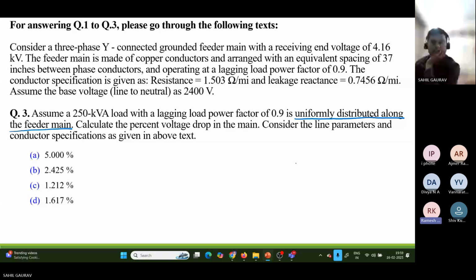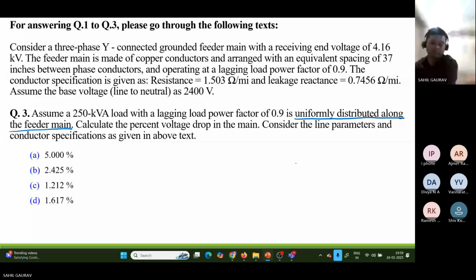L by 2. Yes, this is L by 2 because the load is uniformly distributed. And in the previous question, it was a lumped load, so we do not have to see anything else; L effective is equal to L only. That is the only difference. So L effective will be L by 2.